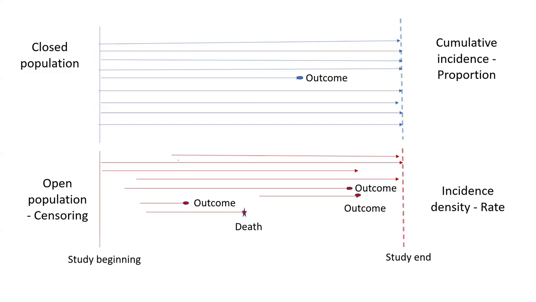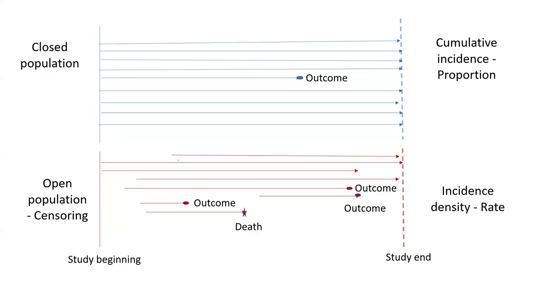Now, when you are trying to do a follow-up, there are two kinds of populations you can encounter. One is known as a closed population and the other is known as an open population. What does a closed population mean? It means that all individuals in your cohort enter at the same point in time, and nearly all, or at least a majority of them, complete the follow-up for the entire duration of the study.